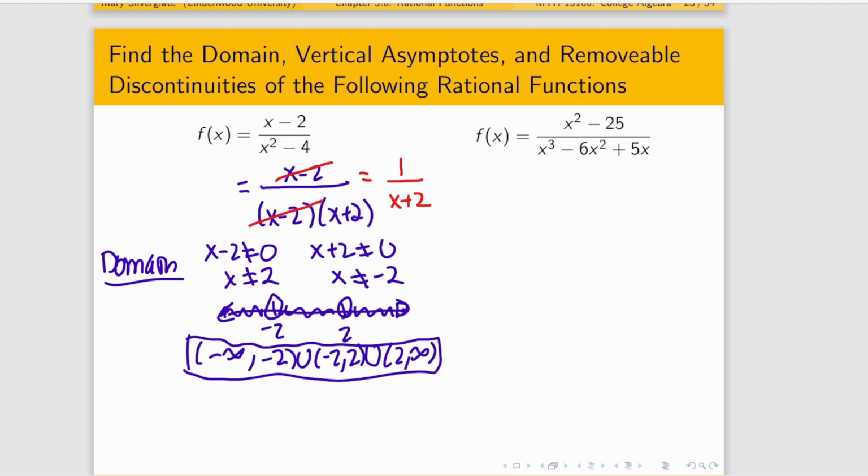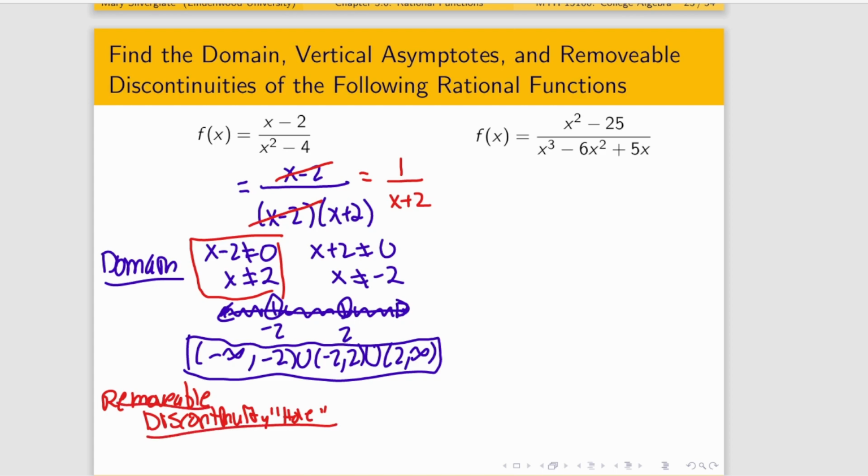So that's to say this function behaves like 1 over x plus 2 absolutely everywhere except at the point x is equal to 2. So our removable discontinuity, aka a hole, happens at the point 2 comma, and then to figure out the y value, you plug in 2 for x in that simplified function. 1 over 2 plus 2 becomes 1/4.